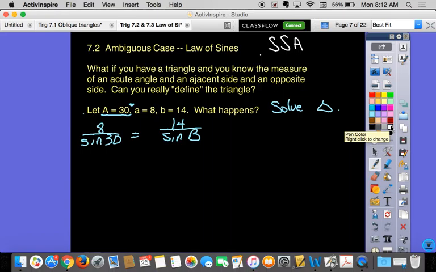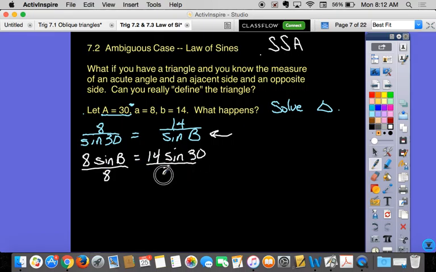Solving for an angle means that I'm going to have to use my inverse sine. If we cross multiply, I have 14 sine 30. Hopefully, somewhere back in your brain, you know sine 30 is 1/2. But if you don't, you can grab your calculator and type that in, and when you divide it all out you get 0.875.